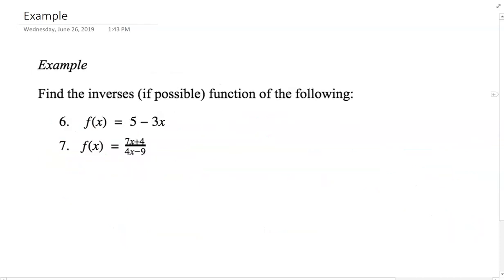Now, let's look at how we can find inverses. Let's use the steps to find inverses. Alrighty, so let's find the inverse of f of x is equal to 5 minus 3x, number 6 right here.